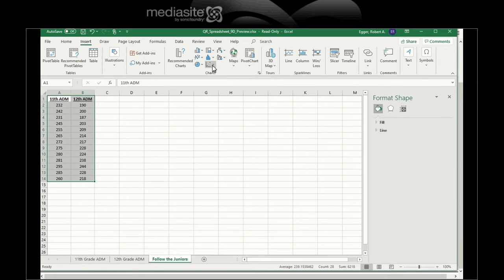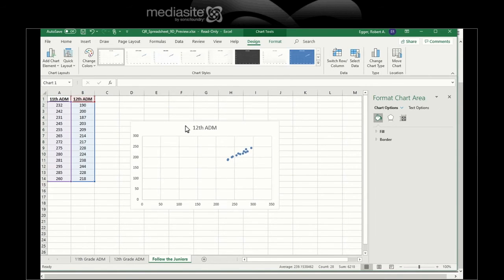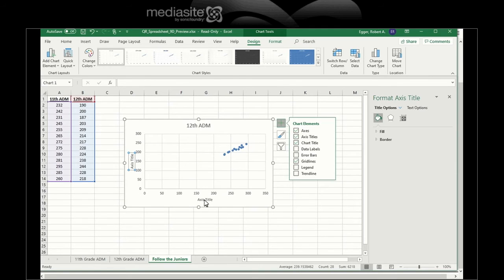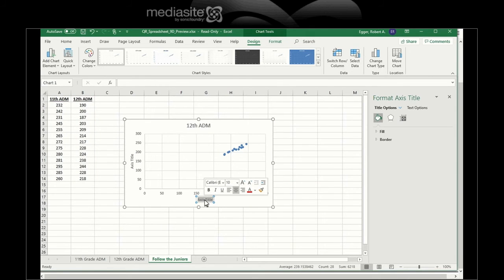Insert, chart, scatter plot. Oh my, a lot of clustering here. Got a little bit of work to do here. Again, titles. 11th grade ADM. 12th grade ADM.